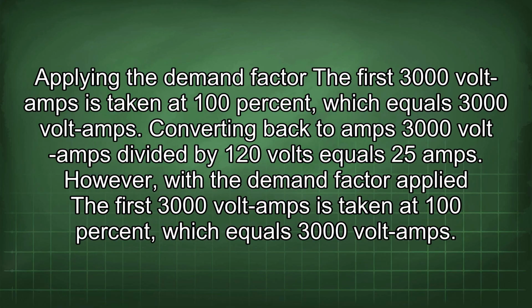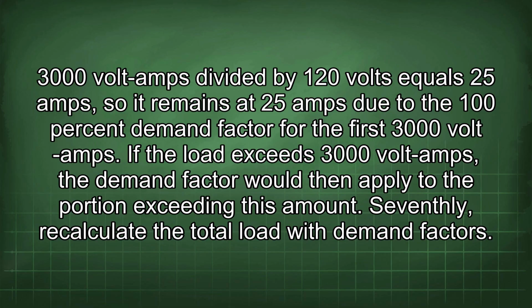Converting back to amps, 3000 volt-amps divided by 120 volts equals 25 amps, so it remains at 25 amps due to the 100% demand factor for the first 3000 volt-amps. If the load exceeds 3000 volt-amps, the demand factor would then apply to the portion exceeding this amount.